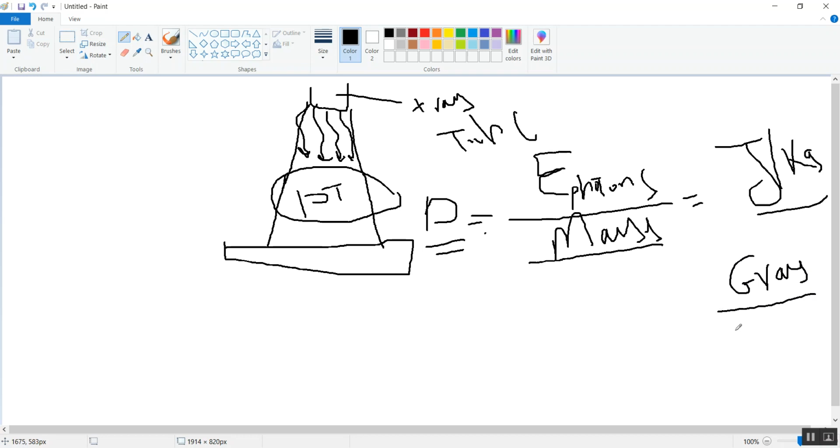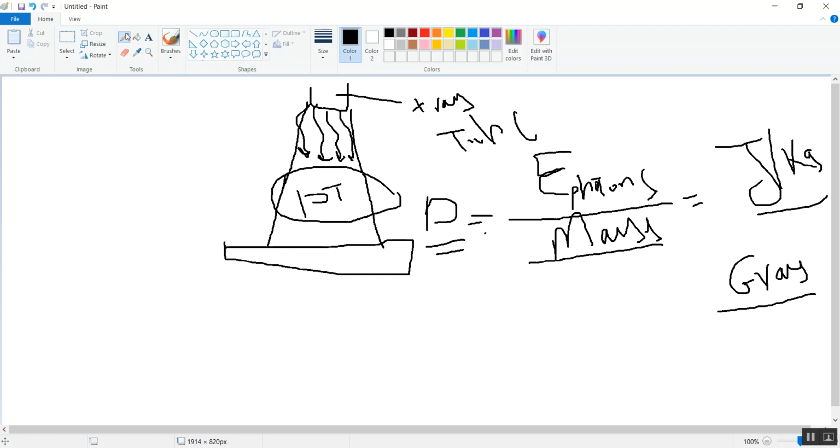This is absorbed dose. We have three terms, okay, three definitions: absorbed dose, equivalent dose, and effective dose. Absorbed dose, equivalent dose, and effective dose, okay.